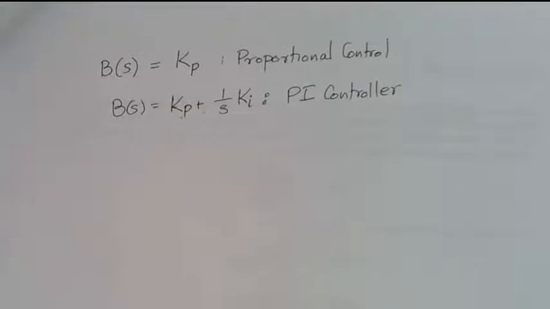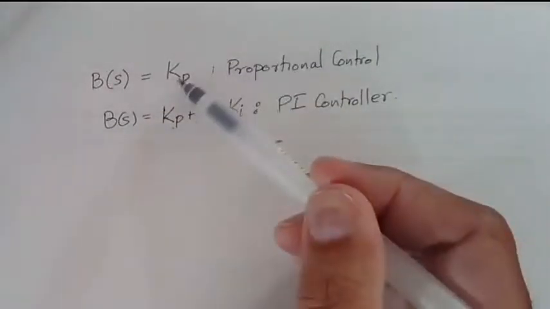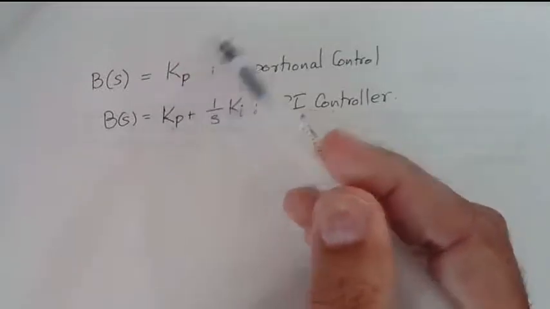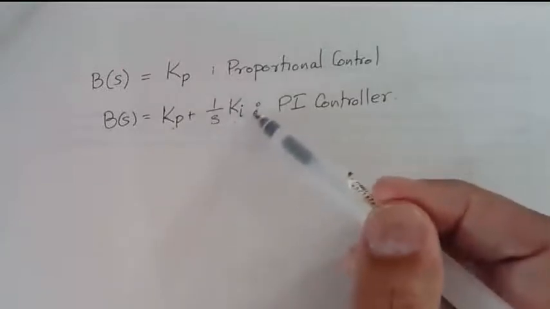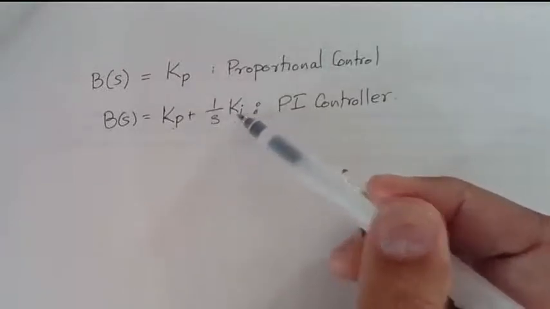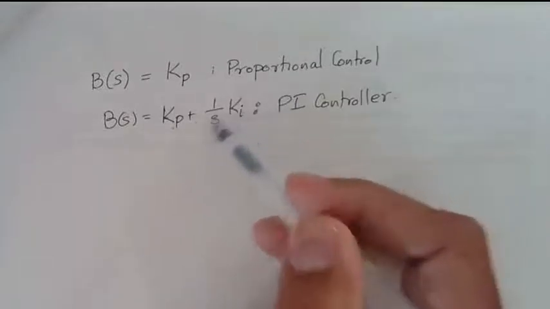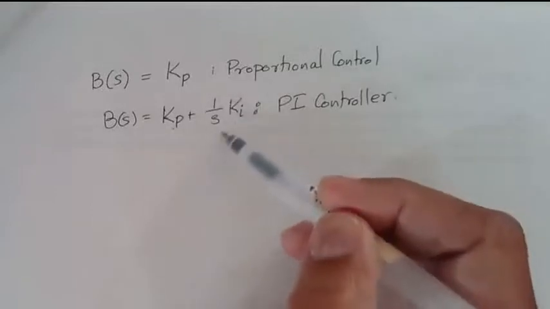Right? Now, here's what happens. The proportional control will force your error to become pretty small. The integral term will basically make that steady state error go away. But both of these things are reacting to what is happening, right?